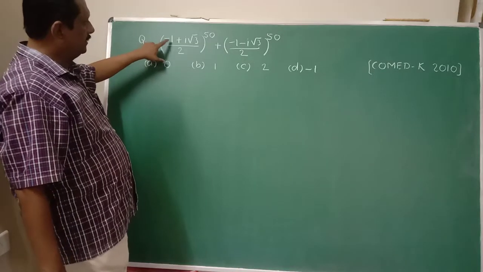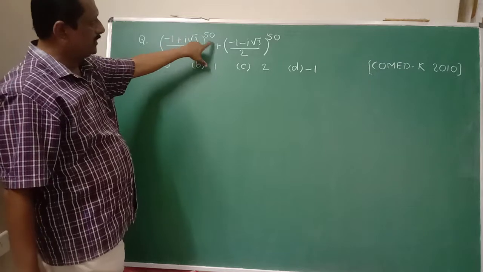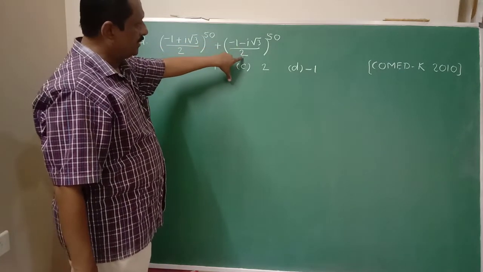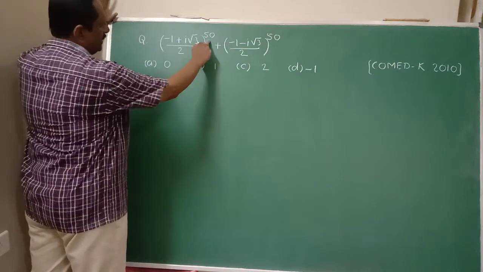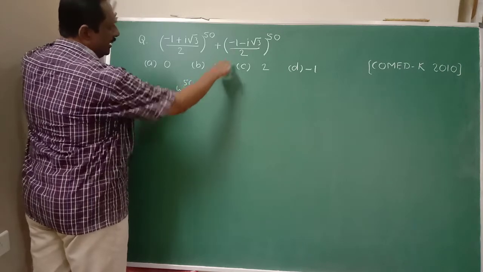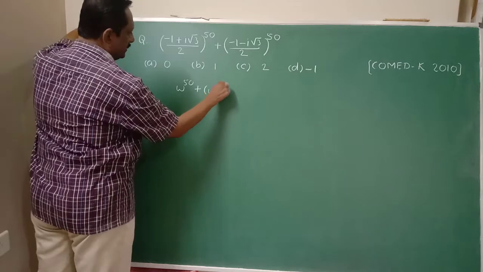In this example, minus 1 plus i root 3 by 2 raised to 50 plus minus 1 minus i root 3 upon 2 raised to 50. Obviously, this is omega raised to 50 plus omega square raised to 50.